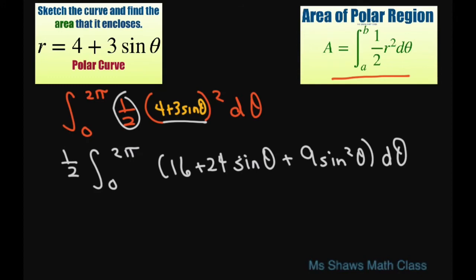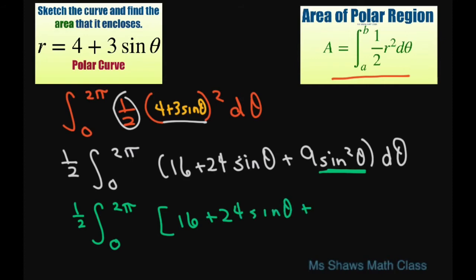All right, now from here what I'm going to do is go ahead and simplify this sine squared of theta to make it easier to integrate. So I'm going to write this as 1/2 times the integral of 0 to 2 pi, and we have 16 plus 24 sine of theta plus, now this is going to be 9 times 1/2, and using your identities for sine squared, this is 1 minus cosine of 2 theta.